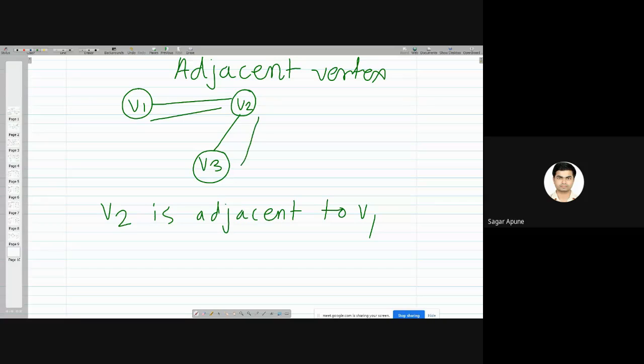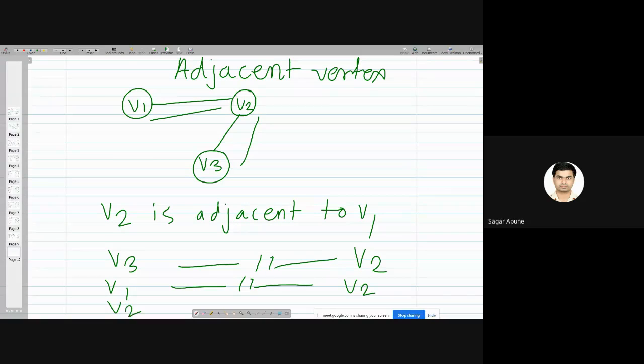Again, V2 to V3 edge is there, so V3 is adjacent to V2. We can change this statement like this: V1 is adjacent to V2, and again V2 is adjacent to V3, because it is an undirected graph.